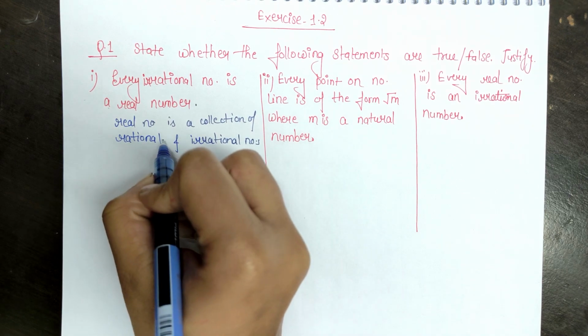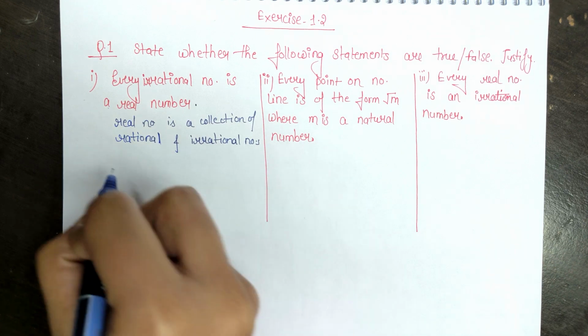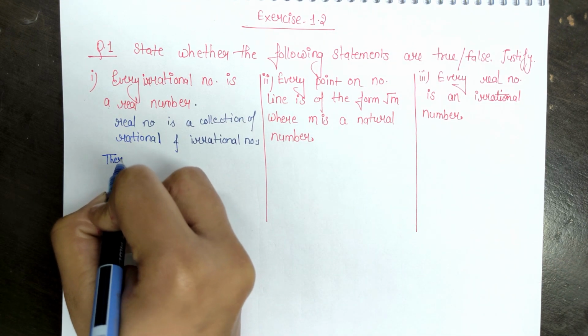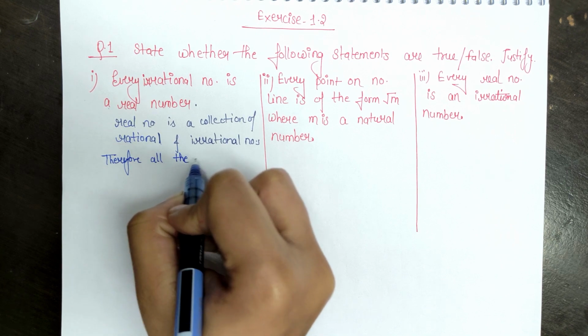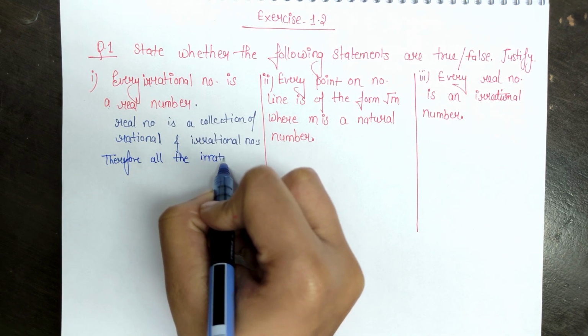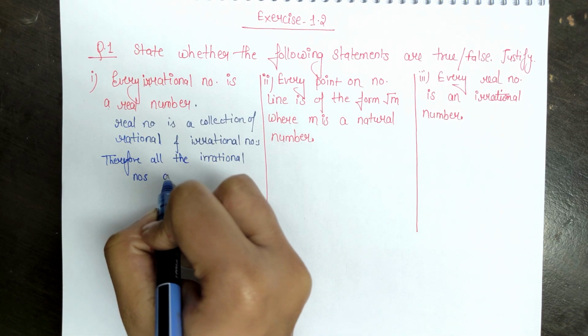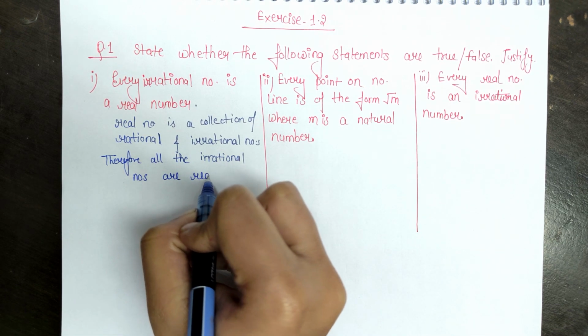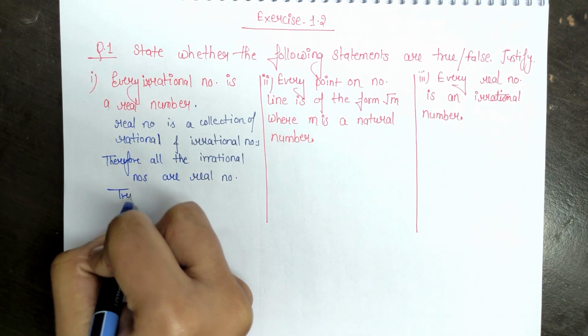Irrational numbers, rational numbers and irrational numbers. So therefore all the irrational numbers are real numbers. Okay, so the statement given is true.